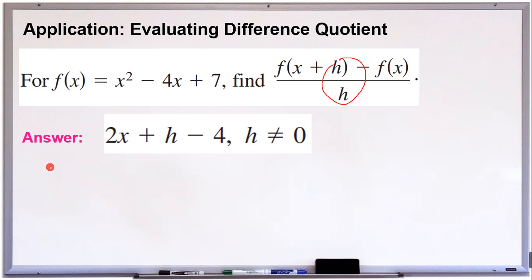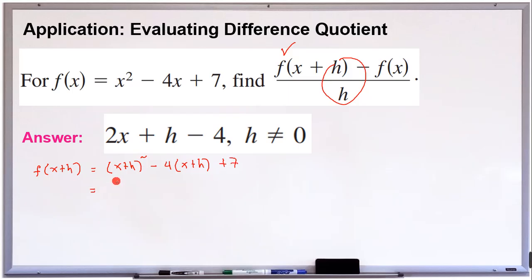Okay, so we're going to rewrite this, that is f of x plus h. So how are we going to solve this? Using our original equation, that would be equal to x plus h squared minus 4 times x plus h plus 7.